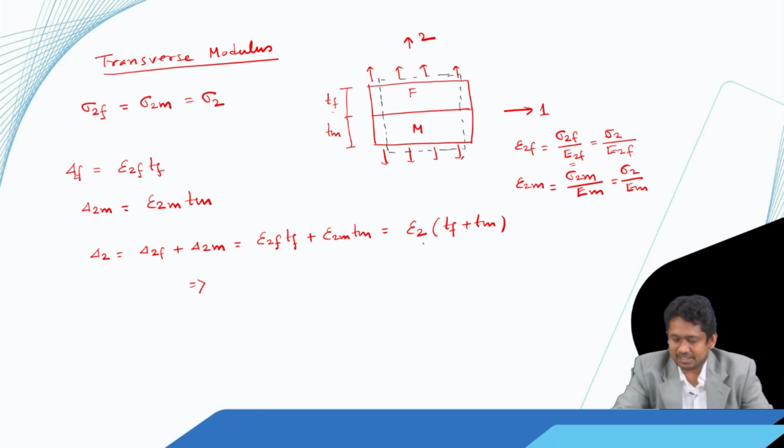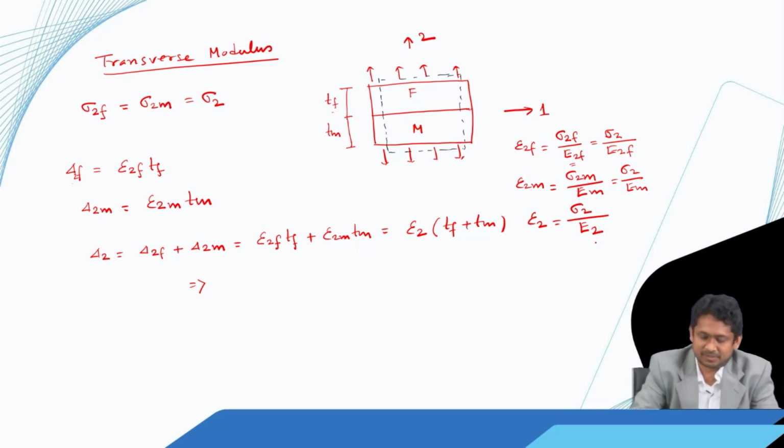Similarly, this equivalent strain epsilon 2 can be written as sigma 2, that same stress, divided by our equivalent elastic modulus of the composite along direction 2, which is E 2, and that is our desired quantity.